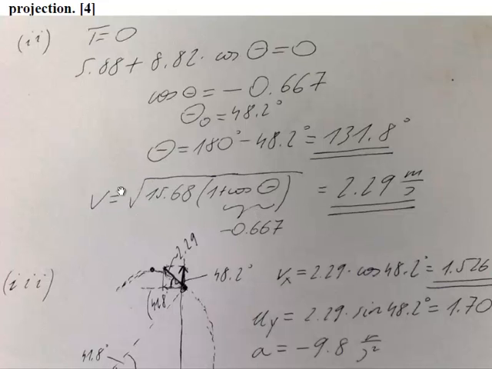And with the square root, cosine theta, we get that the velocity is equal to 2.29 meters per second.